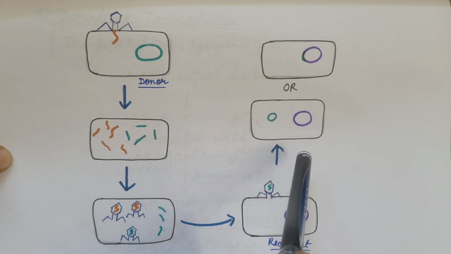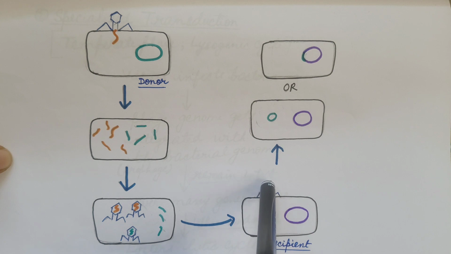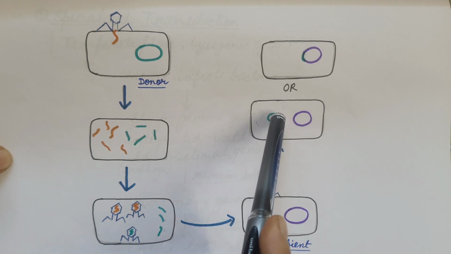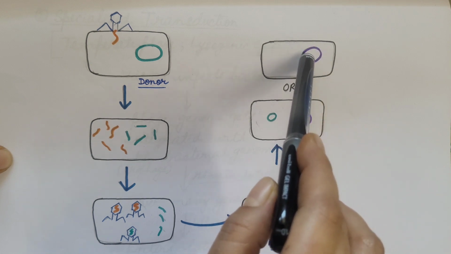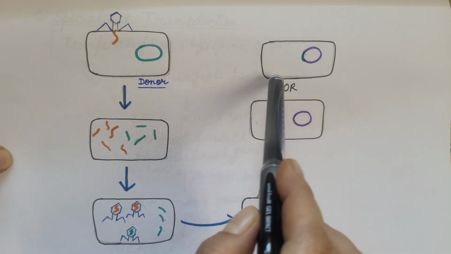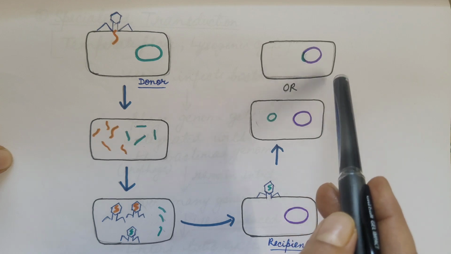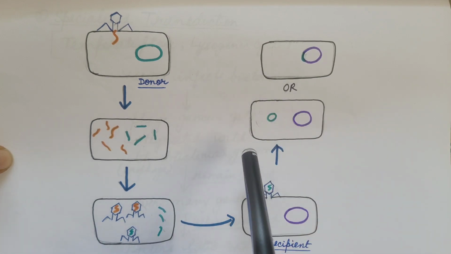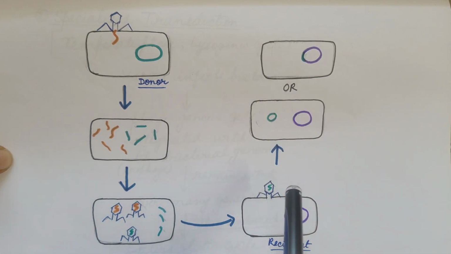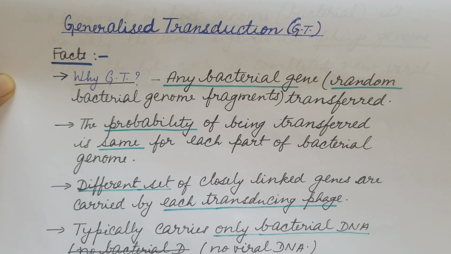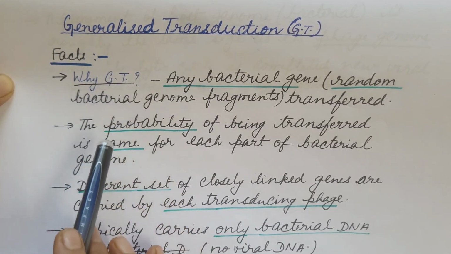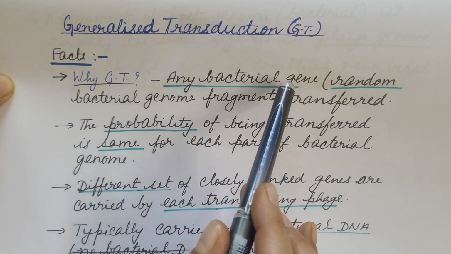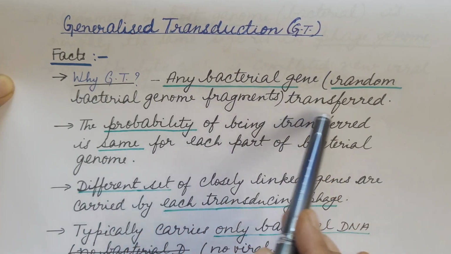Then there are different fates of this bacterial DNA fragment. Either it remains extrachromosomal, or it is integrated and recombinants are formed, or some other fates are also possible. This we will discuss in detail later. Now let us discuss some of the facts related to generalized transduction. First of all, why is it called generalized transduction? Because in this process, any bacterial gene is transferred.